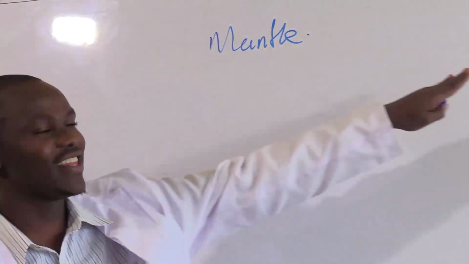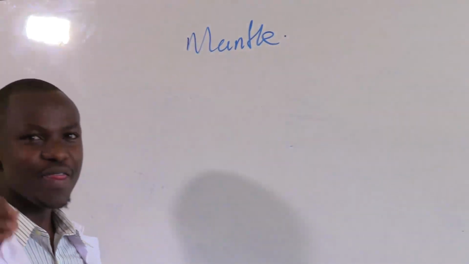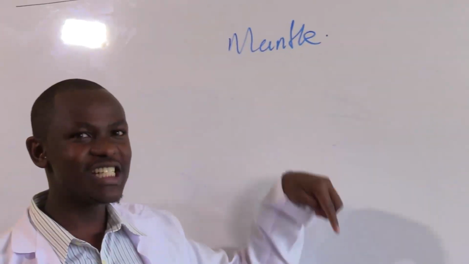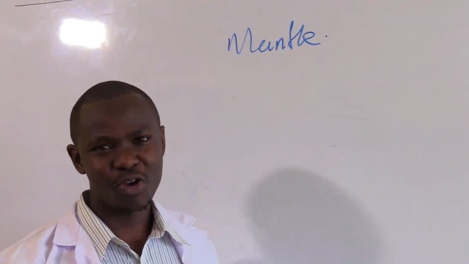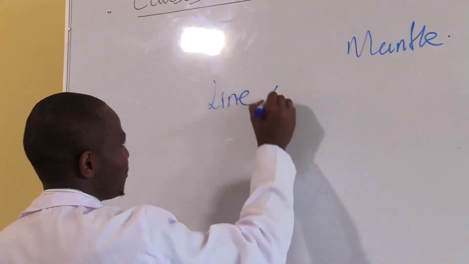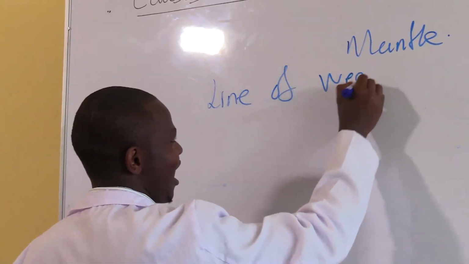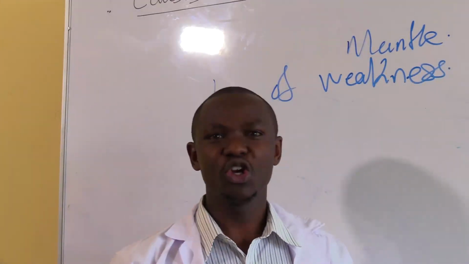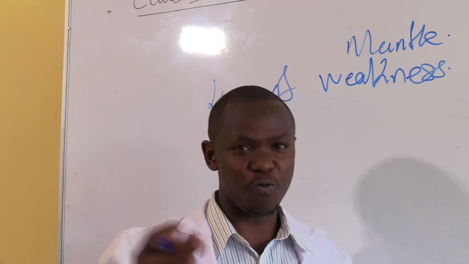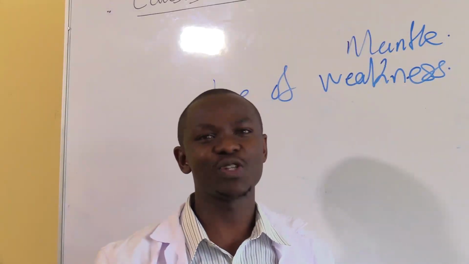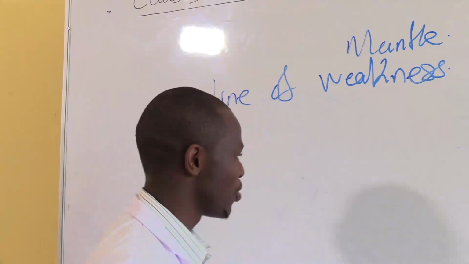When that pressure develops, magma inside the mantle, whenever it finds a line of weakness, will be forced to come out of the mantle, either into or onto the Earth's crust, with a very high force.